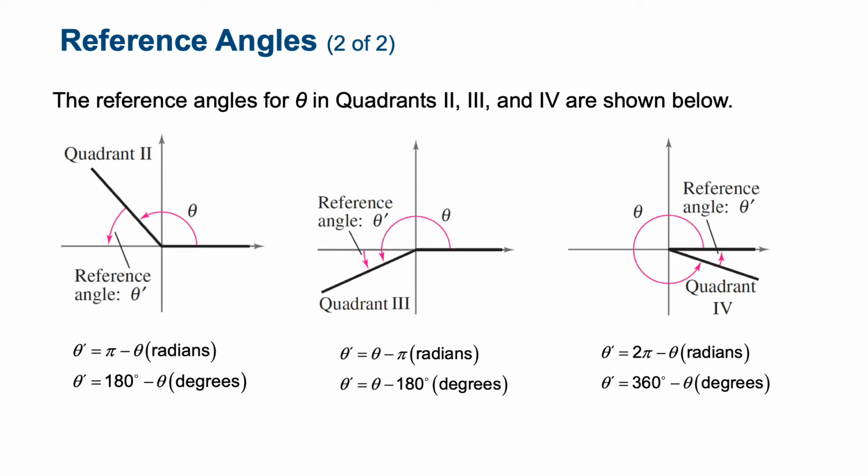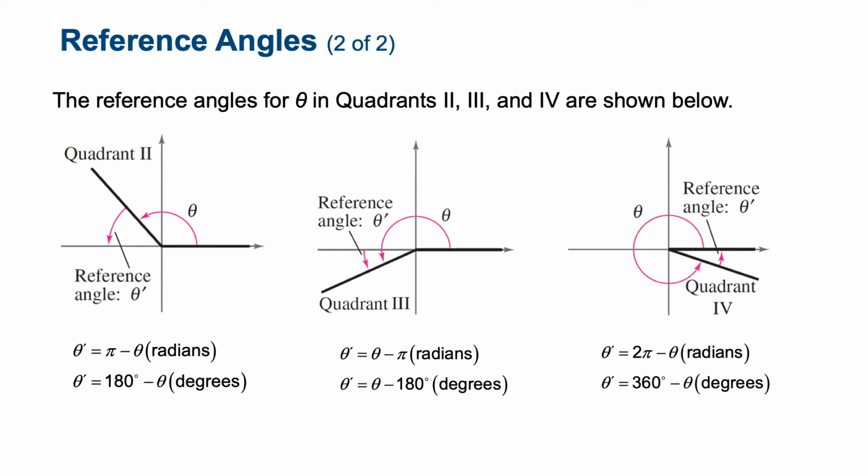But let's say we have an angle that ends in quadrant 2. Then our reference angle, theta prime, is the angle that is supplementary to the original theta. So since it's supplementary, it would be 180 minus the original theta, or in radians, pi minus theta.